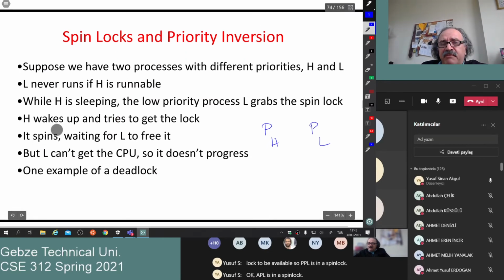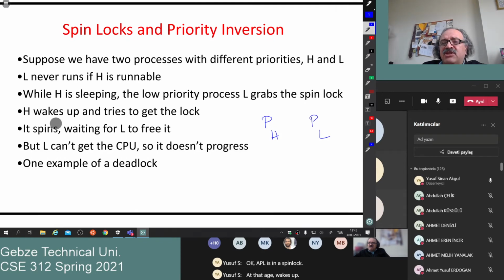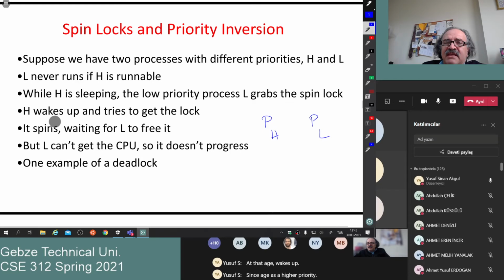Then H wakes up. Since H has a higher priority, it wants to get the lock, but it cannot. Why?